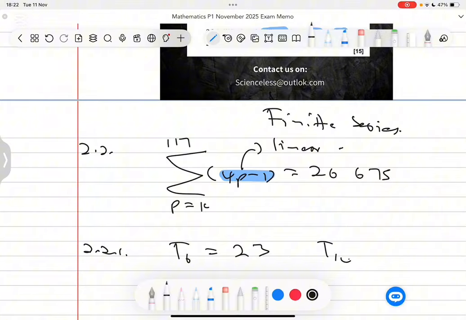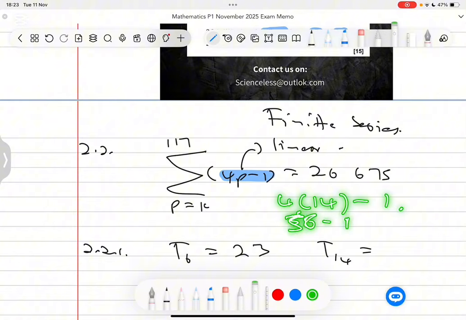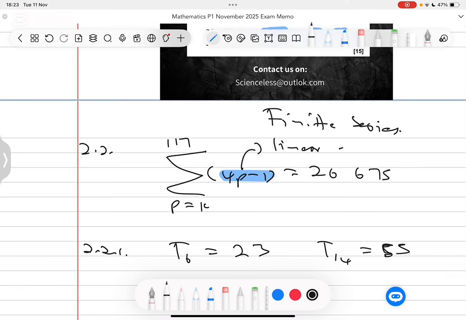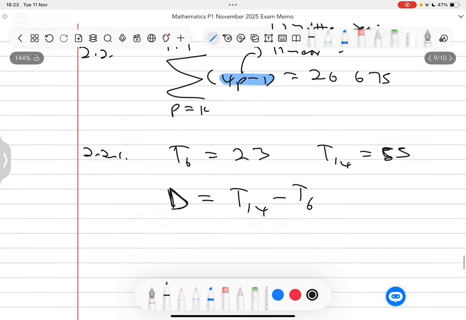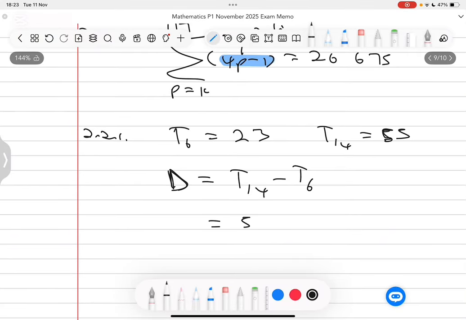Then for term 14, we do the same operation: 4 times 14 minus 1. 4 times 14 is 56, and 56 minus 1 gives me 55. Now the difference, I'm going to use a capital D, is given by T14 minus T6, which is 55 minus 23.